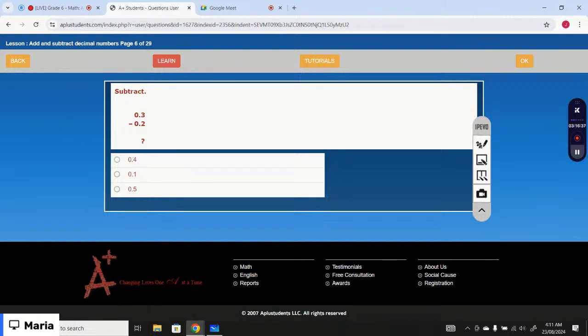The correct option is 0.3 take away 0.2, that is 0.1. Option number 2 is the correct option.